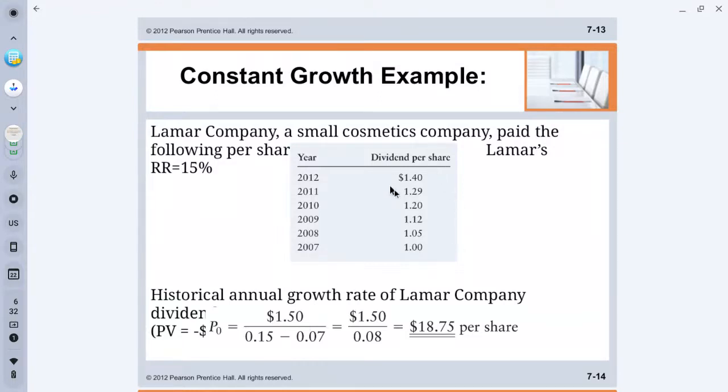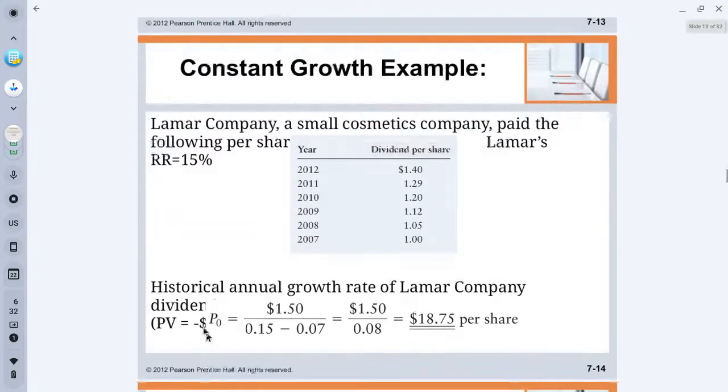How do I know the next period dividend is like this? I told you, this is the dividend at time t, right? The growth rate of dividend is 6%, 7%. So 1.04 times 1.07 will come to $1.50, right?